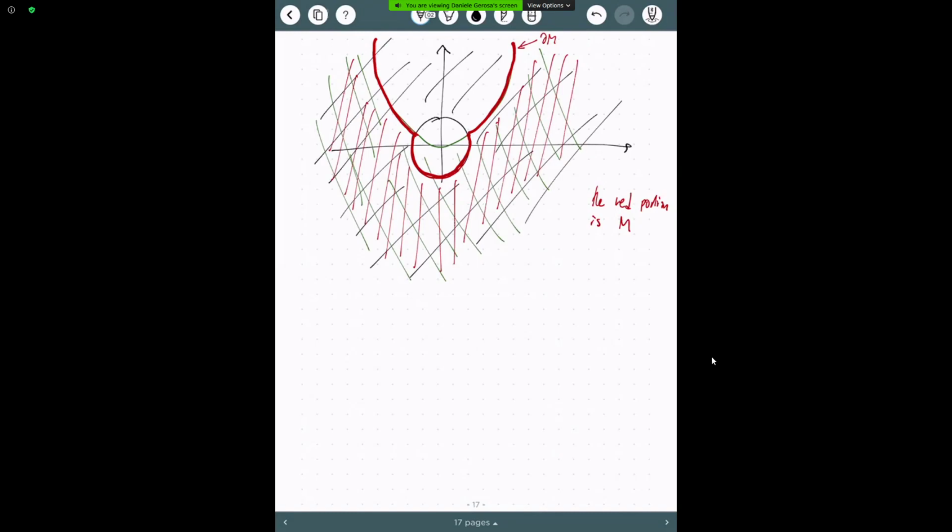So the intersection between x squared plus y squared equal to 1 and x squared equal to y is given by y squared plus y equal to 1. And then you solve, and you get y equal to 1 plus or minus the square root of 5 divided by 2, which means that we get two intersection points.